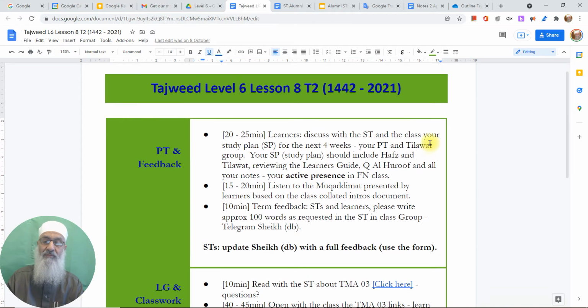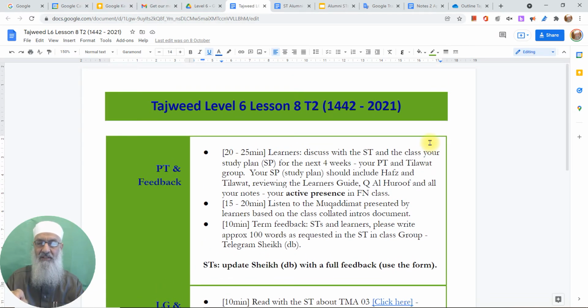So we give them the TMA on what they have studied before, and according to the study plan, according to the syllabus we have of the surahs, what they have not studied yet. That's why we give it so they can study in advance. The surahs, the rules, that is for tajweed as well as Arabic and any other subject.